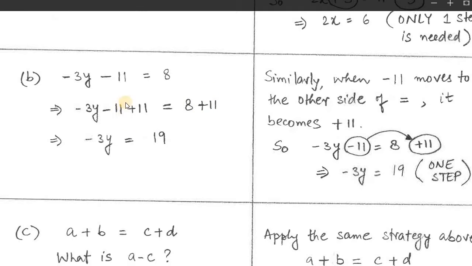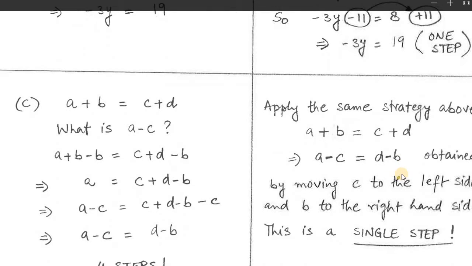So these two cancel off, you're left with minus 3y equals 19. Now, using the strategy, the minus 11, when it moves to the right side, becomes a plus 11. So you're left with minus 3y equals 8 plus 11 equals 19, right? So again, it's a simple one-step move.